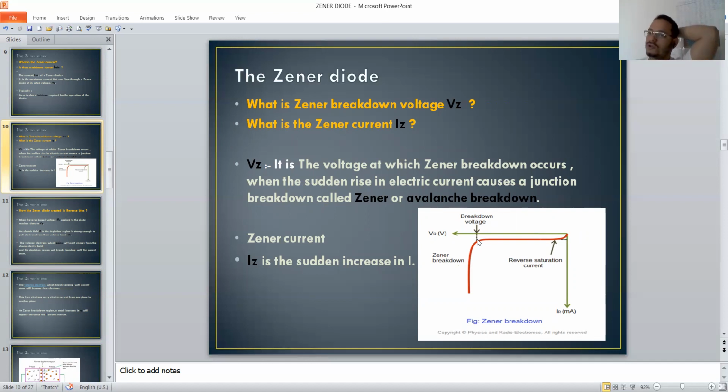Here we will see an interesting phenomenon, because the current will suddenly increase, and we will start dealing with a negative amount of current. At this point, the breakdown voltage will be at minus X, and the current will be in milliamperes at minus Y.